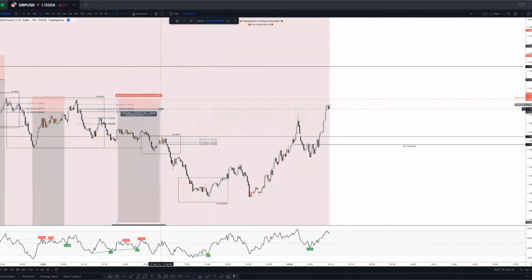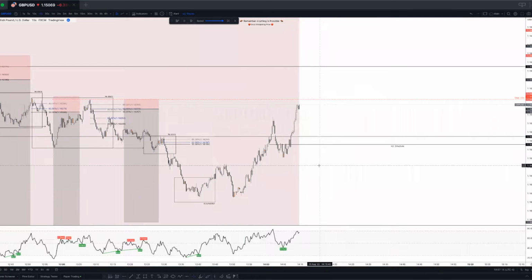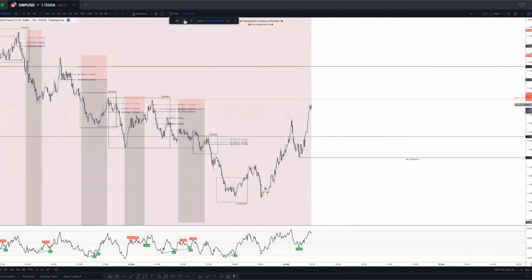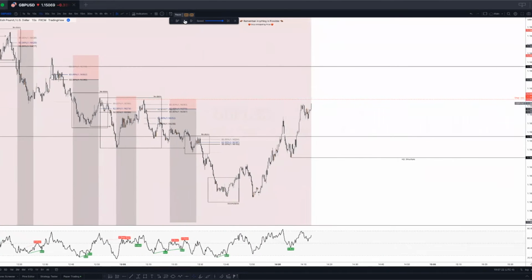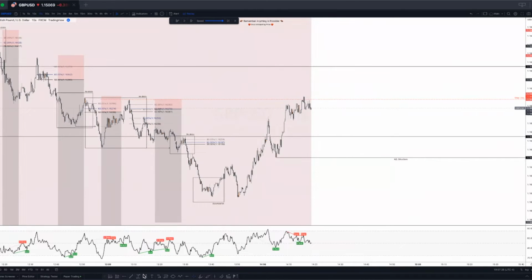Okay, so we're in this trade. This is my new low, and we may get taken out of this trade. So what is she doing? So we got taken out of this one at break even.